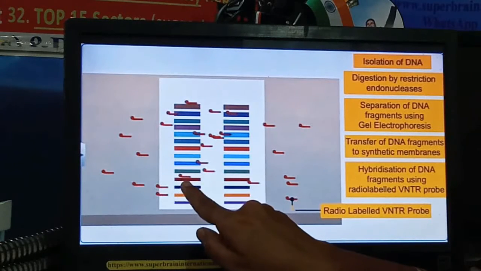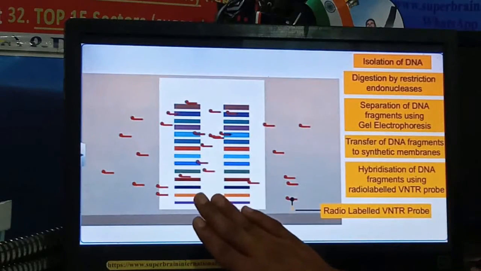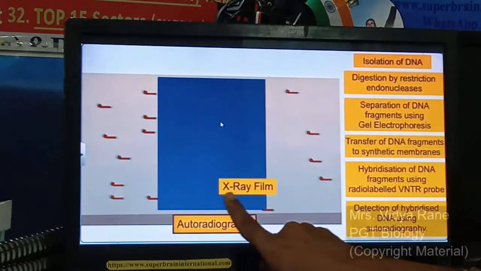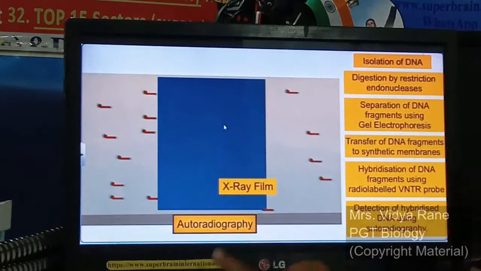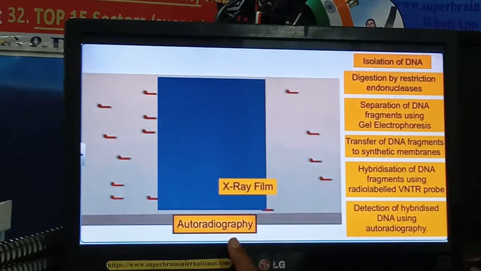Once this hybridization is done, we can keep an X-ray film on it. So this is the X-ray film, and we take a photograph, autoradiography, and this helps us detect the hybridized DNA by the autoradiography technique, right?